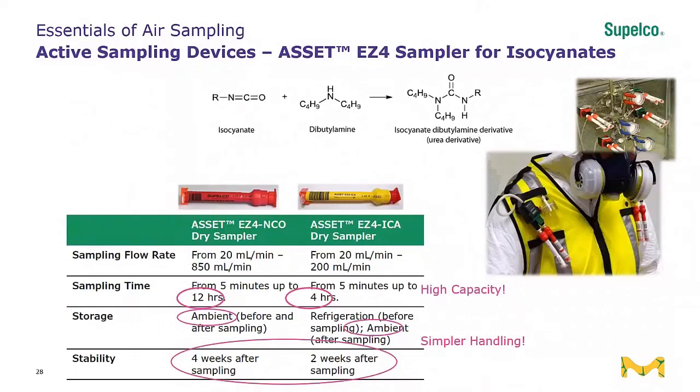And storage, particularly for the ASSET NCO sampler, storage is ambient before and after sampling. They don't have to be refrigerated.